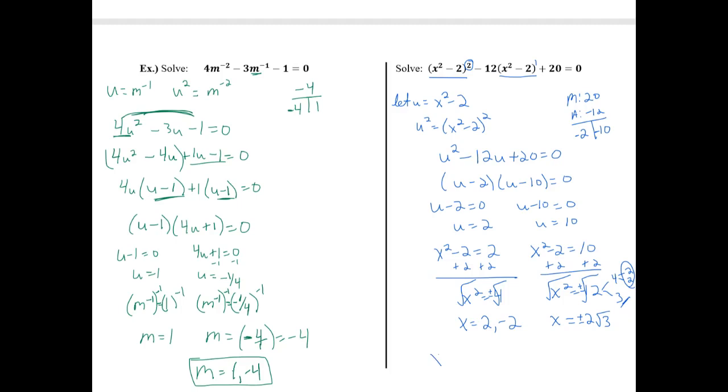So overall I have 4 answers, positive 2, negative 2, or the positive 2 times the square root of 3, or the negative of 2 times the square root of 3. And I have tried all of these, and they do work. So you should be checking all 4 of your solutions, though, when you have problems like these. And there you go.